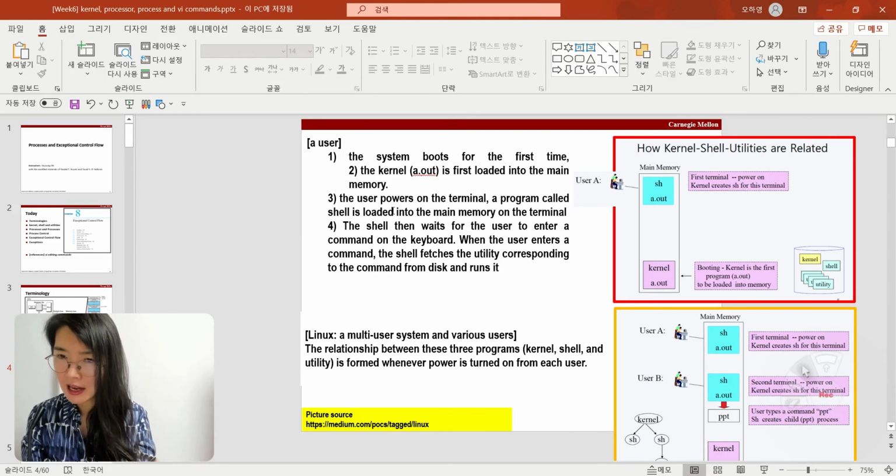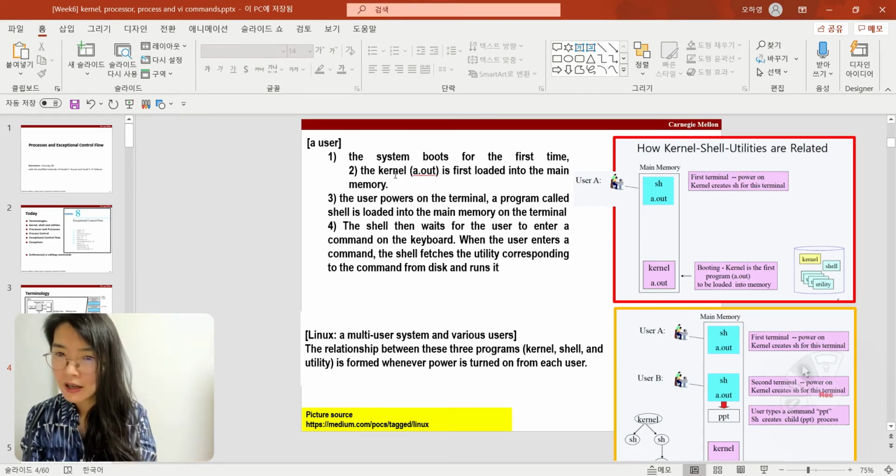All right. Okay. So if we connect the PuTTY application program for the first time, or if we turn on our laptop or desktop, such as Windows or Mac, maybe the system boots for the first time, and the kernel is first loaded into the main memory on the top level, as we checked in the figure in a previous slide, right?